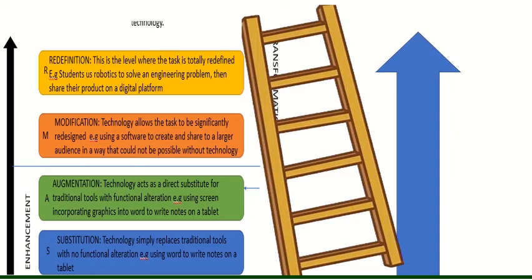They take what they already do in class and they simply transfer it to the computer. We want to get the teachers to where they are moving up. They're augmenting by tweaking and changing the functionality of the task, by modifying and by redefining the task.